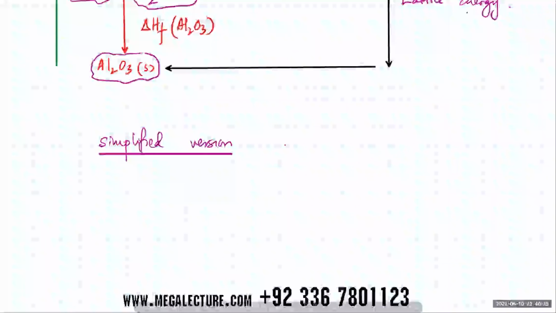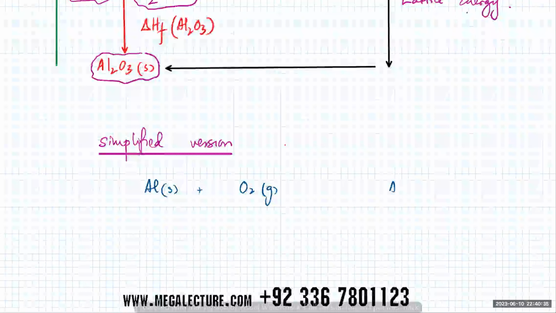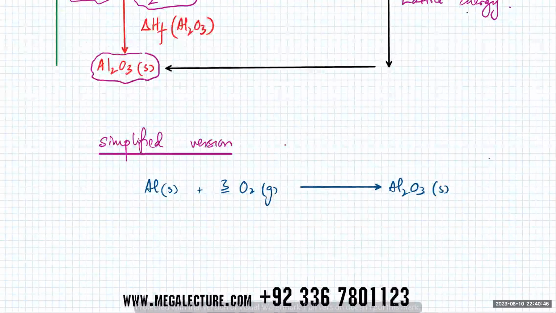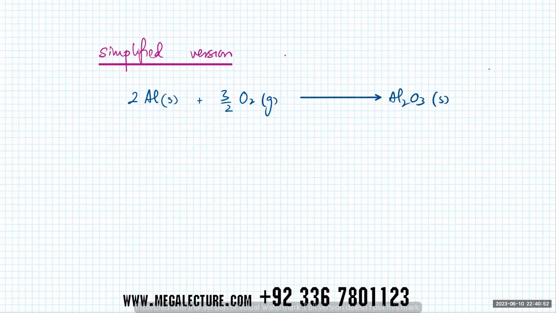So the simplified version is I got aluminium, solid elements forming aluminium oxide. And there are 3/2 O2 and 2Al solid. What you need to do is you need to first atomize.